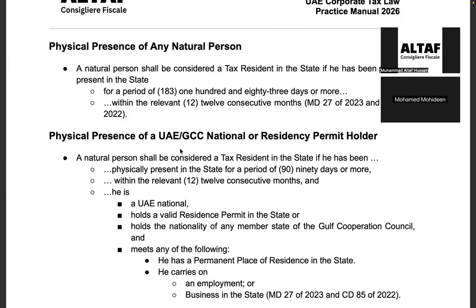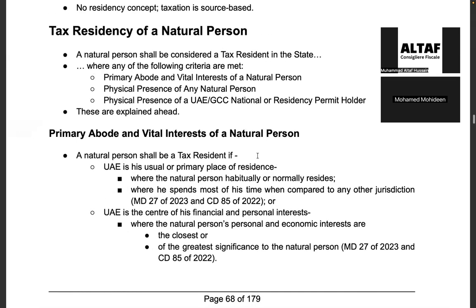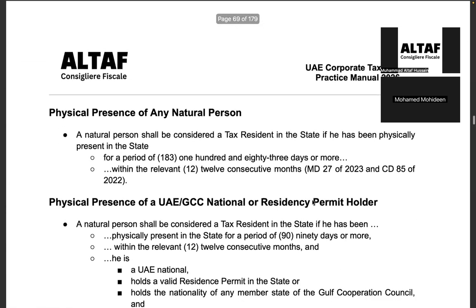Yeah, 90. This is only for those people who are either UAE nationals or GCC nationals, or they hold a valid residency permit. Before what we read, there was no mention of these three categories. So that is the global level, the default provision, but the exception will come into these three categories.